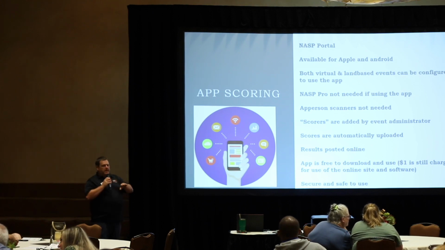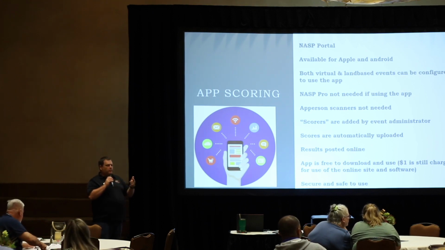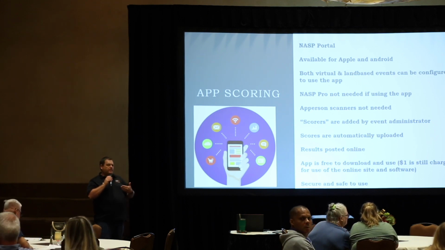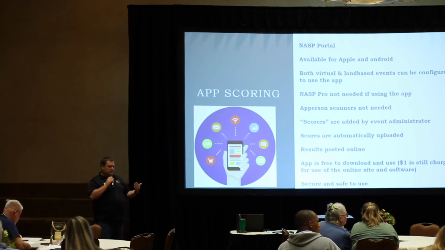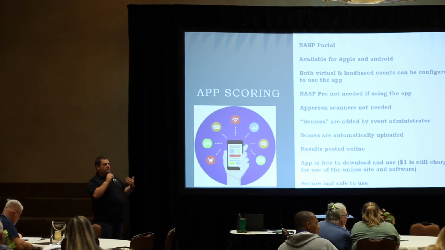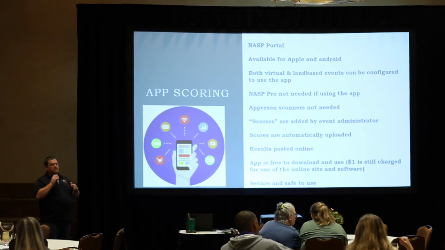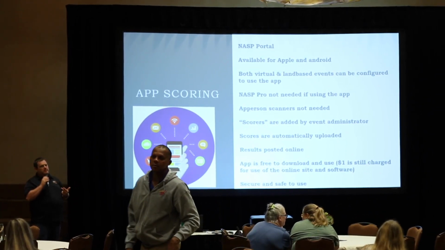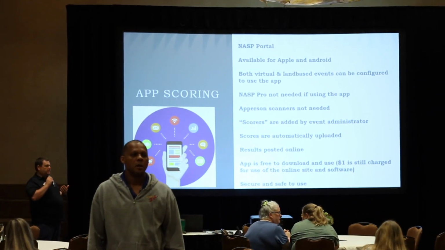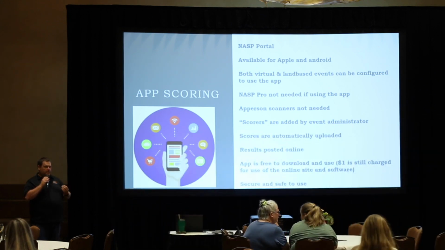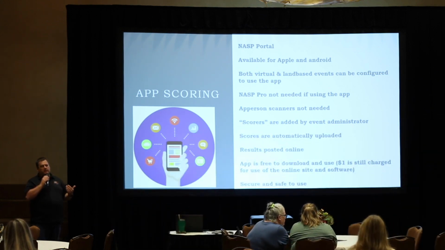So the handouts that you picked up, one of them was that printable scorecard that you can print from the website. The other is instructions. It's actually the virtual tournament instructions for using the app. There are PIN codes at the bottom of the instruction sheet. So what we were hoping you would do is download the app, log in and use those PIN codes and see how it works if you've not used it before.